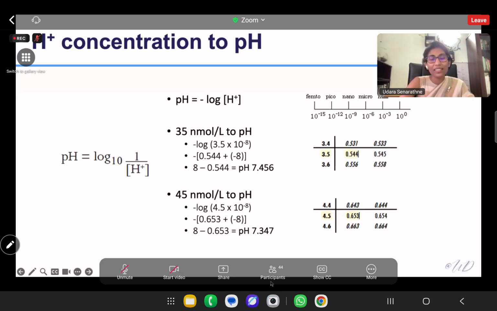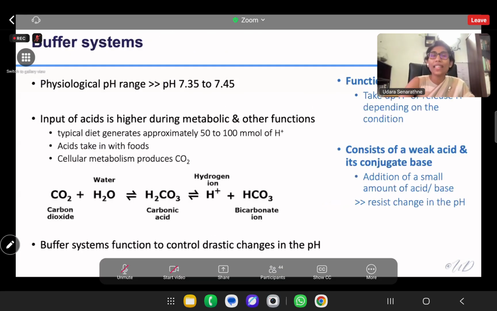So here, the difference between the pH and the H+ concentration you need to appreciate, because a small pH difference is because of a large difference in the ion concentrations. So that is why it can significantly affect a lot of systems.